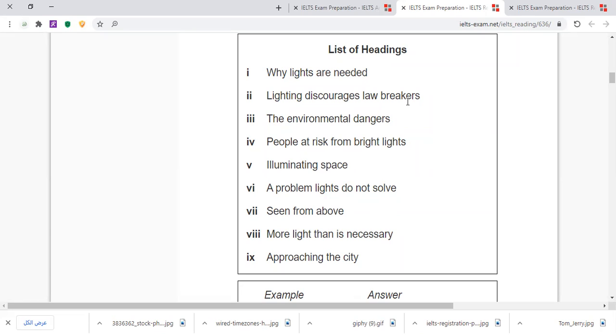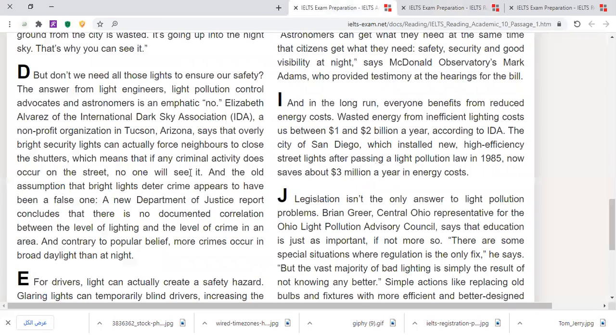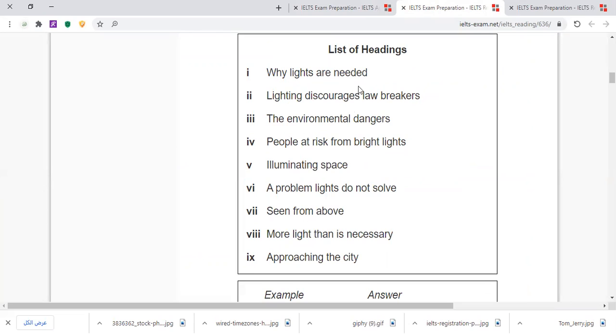It's the opposite of the main idea of paragraph D. This line means that in places that have a lot of light, lawbreakers, the people who commit crimes, will not do any crime because of the light. So is this really the main idea of paragraph D? No.